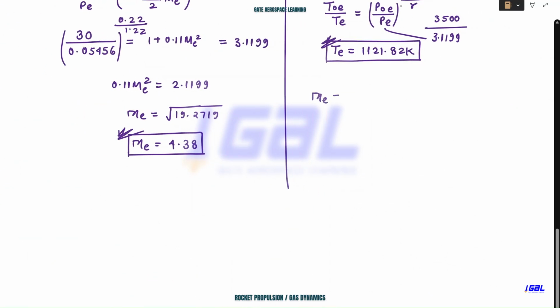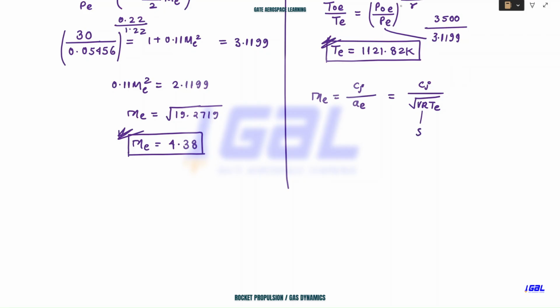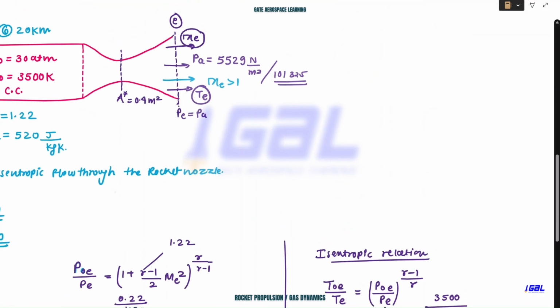You can use ME is equal to CJ, or you can write this as CE as well, or AE, as long as you are understanding this. So CJ, and this becomes gamma R TE. TE is known to you. R, you take this as 520, it should be 520.